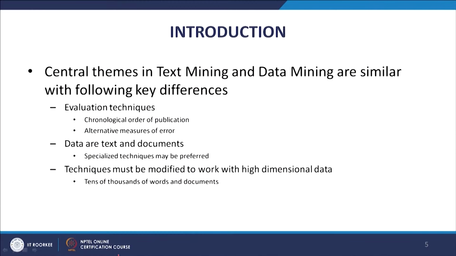However, a few key differences are there. For example, evaluation techniques. These techniques will have to adapt to the chronological order of publication. This is different from the numeric data. We will have to use alternative measures of error, because the way we are used to measuring accuracy and error of our models in data mining might not be really relevant or meaningful to that extent in text mining.